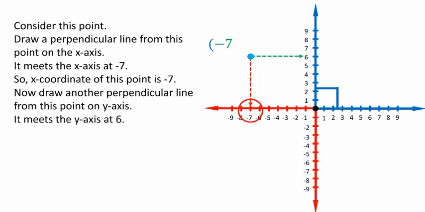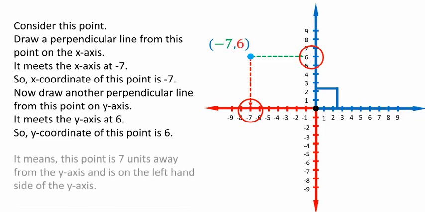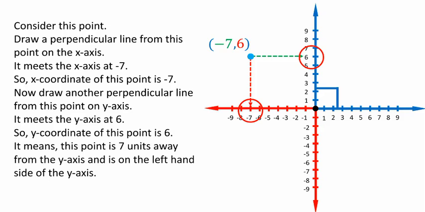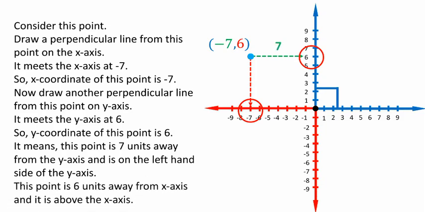It meets the y-axis at 6. So the y-coordinate of this point is 6. It means this point is 7 units away from the y-axis and is on the left hand side of the y-axis. This point is 6 units away from the x-axis and it is above the x-axis.